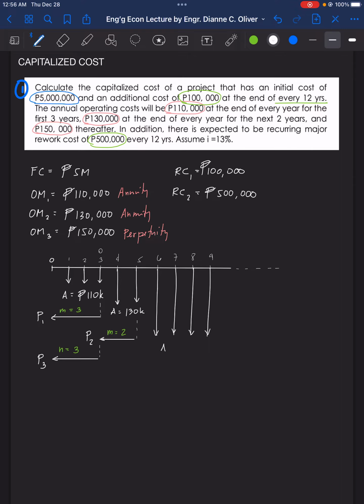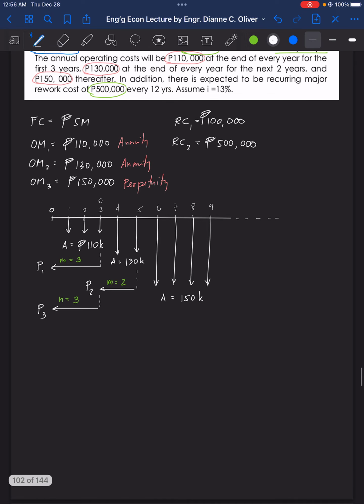So this is annuity of 150K. So in this annuity, we will have the year 0 here at year 5. Here. So our line for this perpetuity is something like this. And then let's have a broken line here.